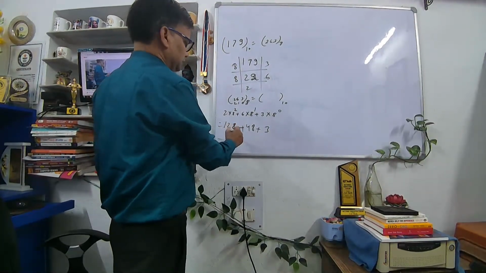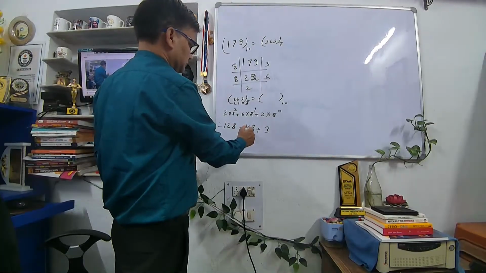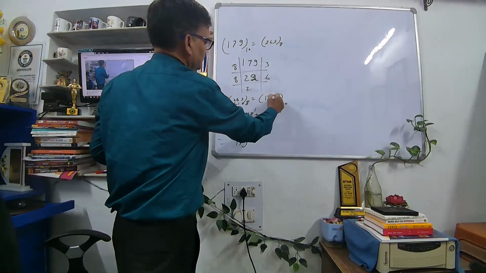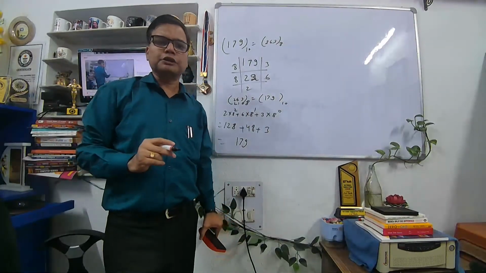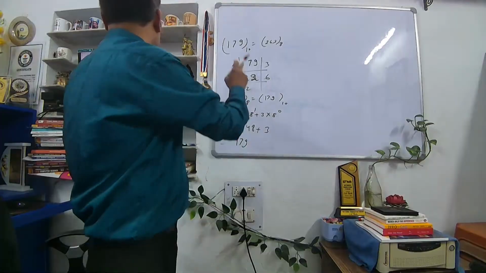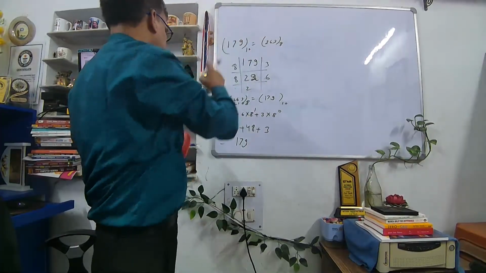So 128 plus 48 is 176, plus 3 is 179. So this comes to 179, right? So this is decimal to binary, binary to decimal, decimal to octal, octal to decimal.